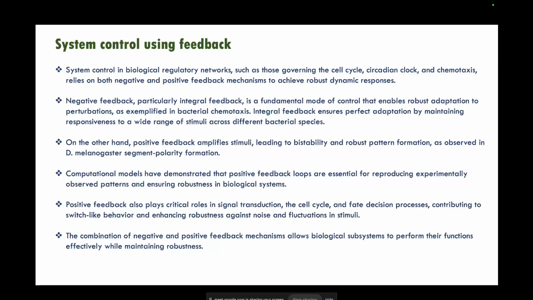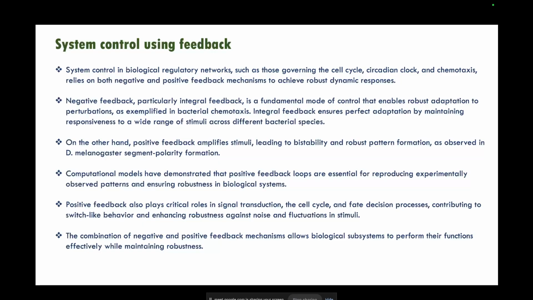On the other hand, positive feedback actually amplifies the stimulus, leading to bistability and robust pattern formation. A very good example of this is the Drosophila segment polarity formation. It's a feedback loop which forms this robust pattern.